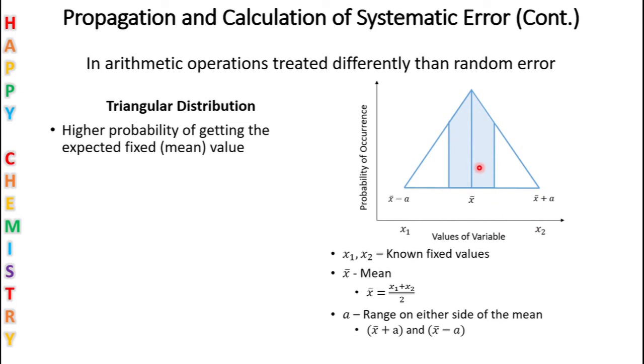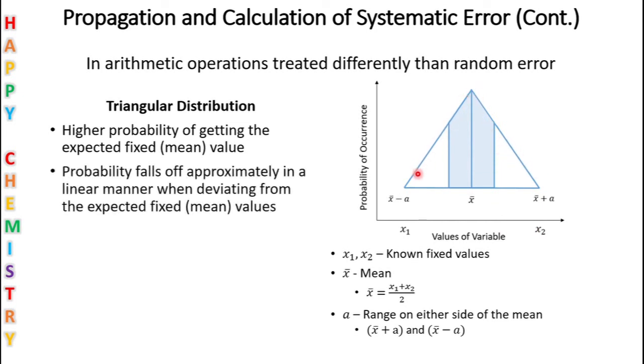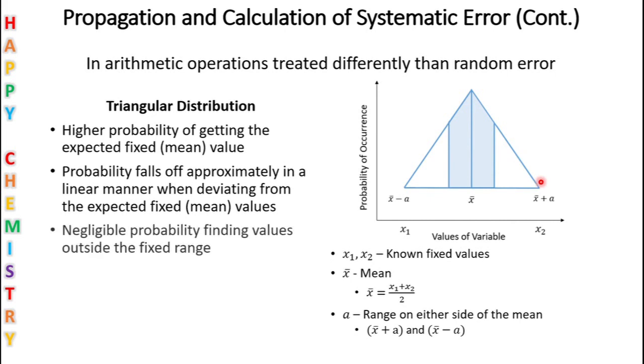However, there is a higher probability of getting x bar, the mean of x1 and x2. Probability falls off approximately in a linear manner when deviating from the expected fixed value. However, there is negligible probability of finding values outside the fixed range of x1 and x2.